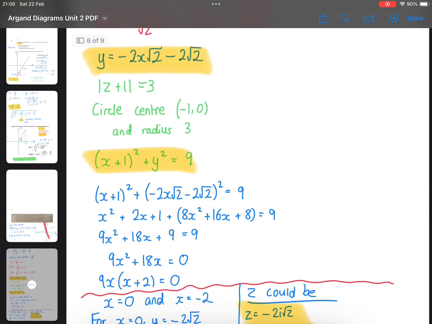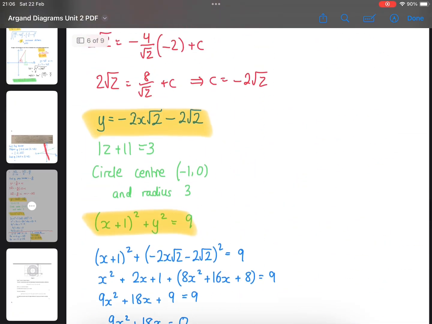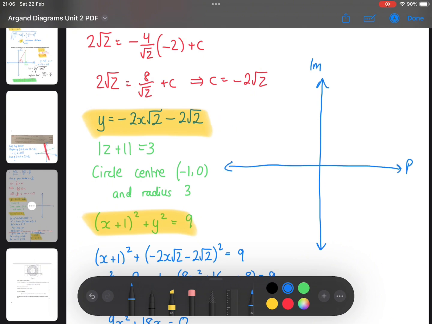So first things first, we're just going to draw an Argand diagram. Oh, and I think I need a bit more space as well. No, we can do it here. So we have our real and imaginary axes.